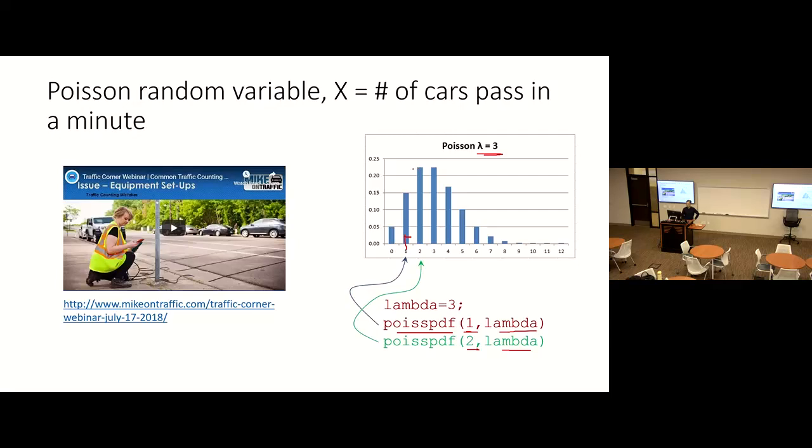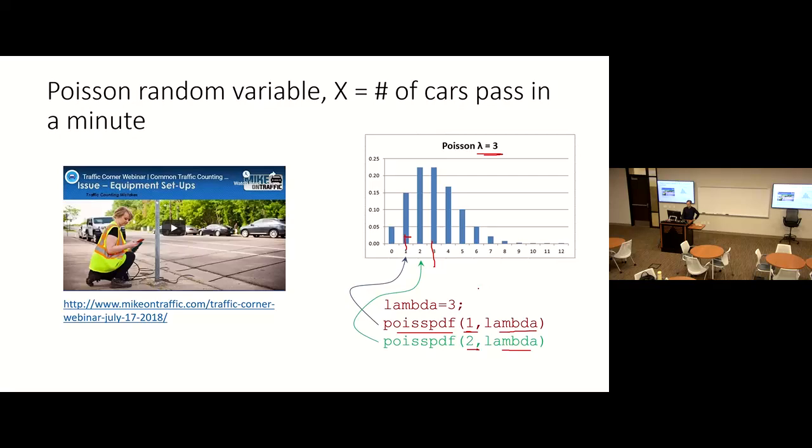The probability for two is something above 22%, and for the 3 you will get this. Then it's very unlikely you have 8 or 9 cars pass in the same interval of time.